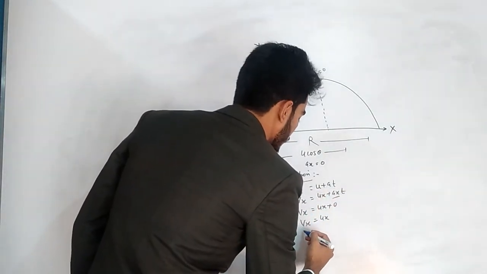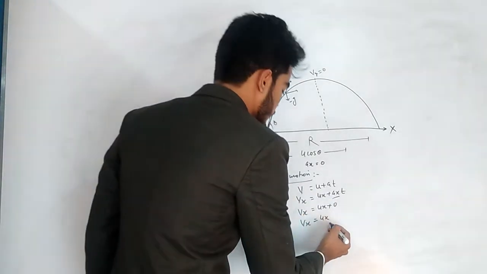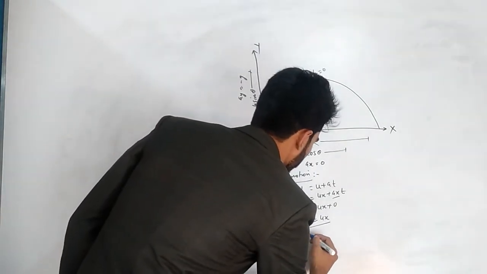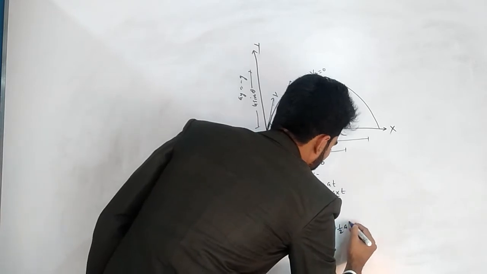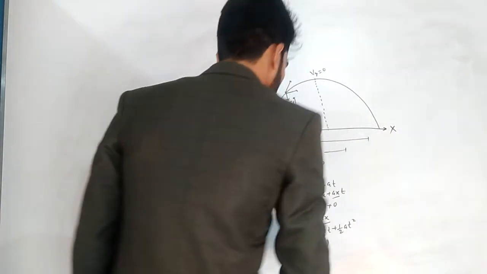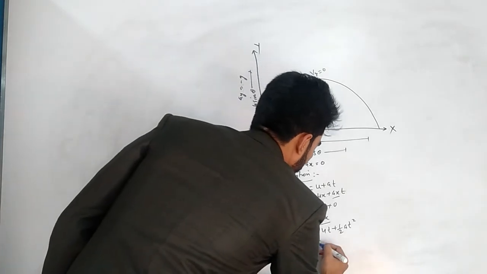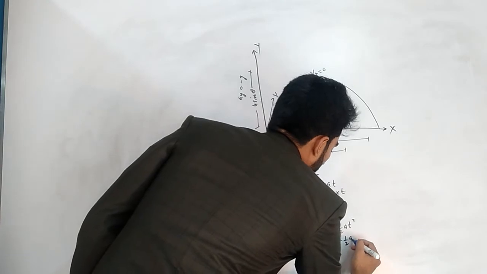Now s is equal to ut plus half at square. The displacement of the horizontal motion we can find from this formula, s is equal to ut plus half at square. The displacement in the horizontal motion is r or x. So x is equal to ux t plus half ax into t square.